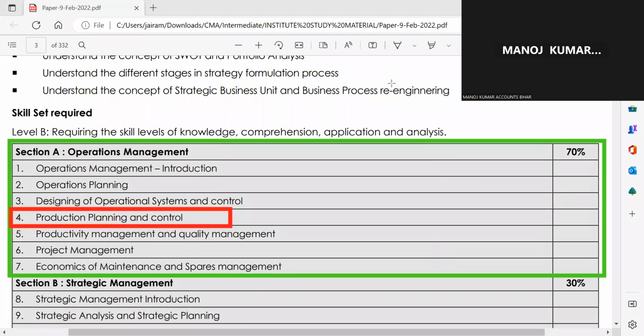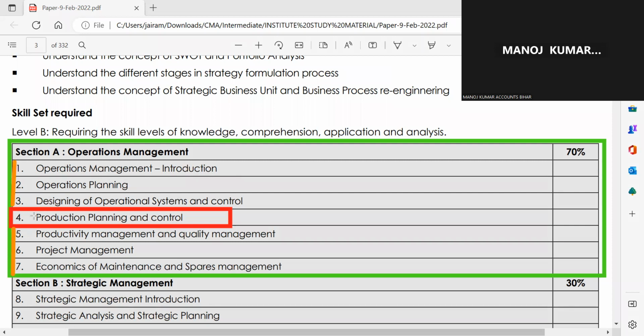We'll first complete these 3 in the same order. Today we'll finish operations management introduction, which is a small chapter, then operations planning, and chapter 3 is also a smaller chapter, fully theory. Then we will go for 5, 6, and 7.